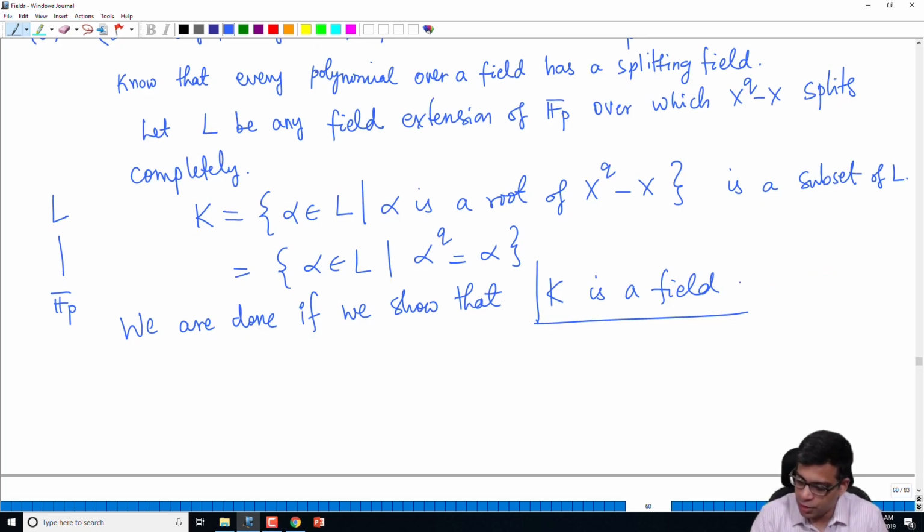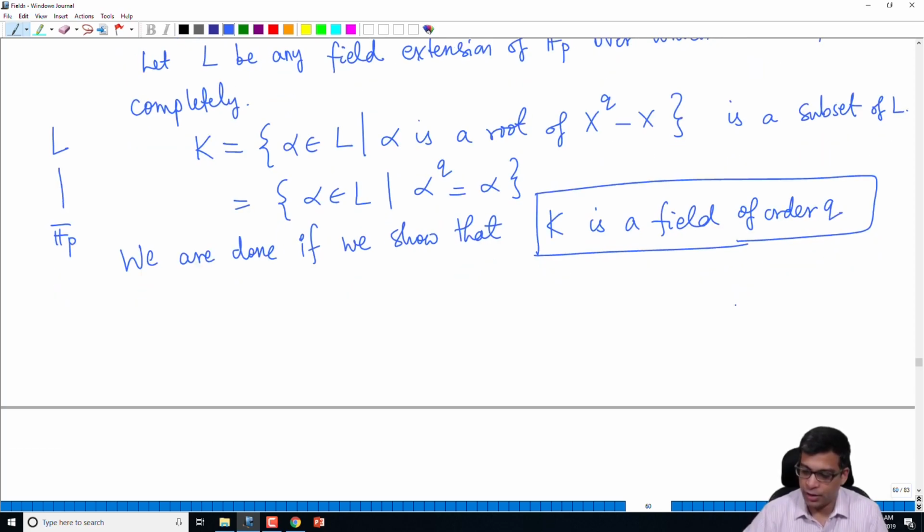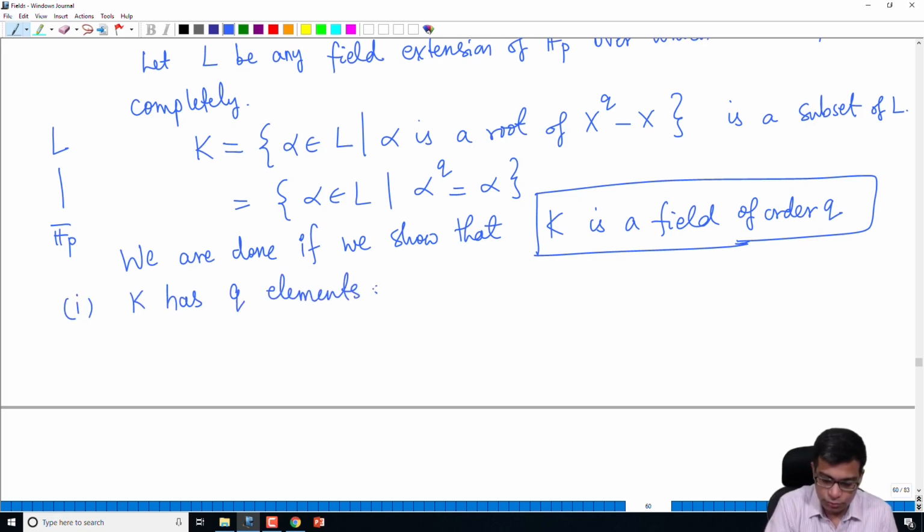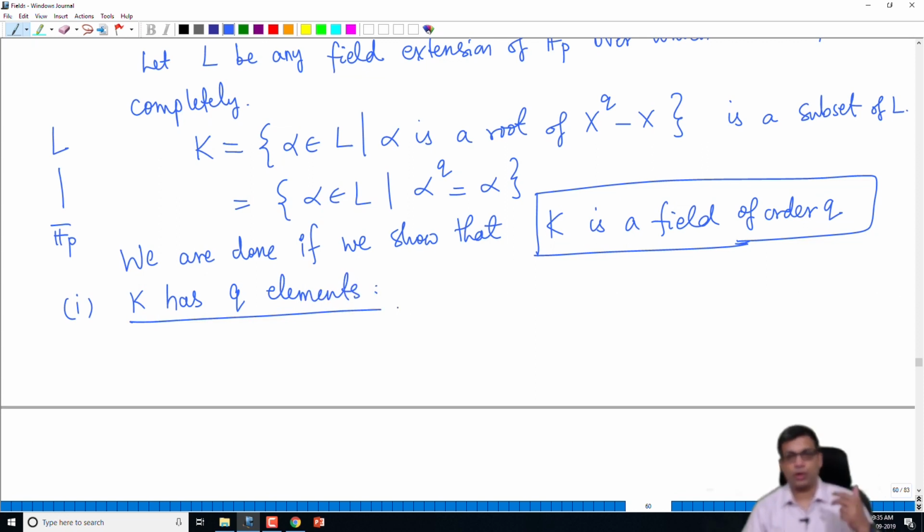So let's say we are done if K is a field of order q. So I need to show that it is a field and that it has order q. So there are two things, I will break up the proof into two parts: K has q elements, and K is a field.